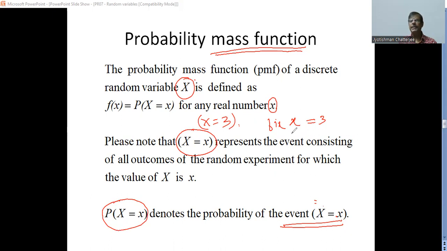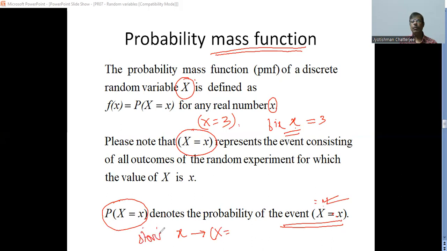So we come in step by step. We fix any value of real number, small x, then correspondingly we consider the event capital X equal to small x, and then we consider the probability of capital X equal to small x. Then we get a value.